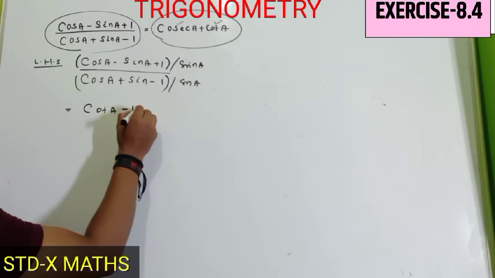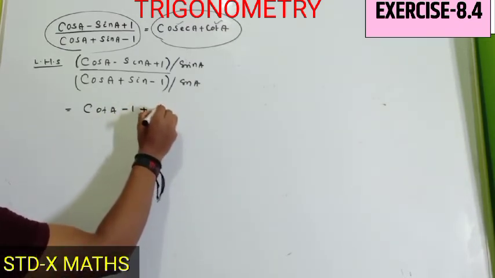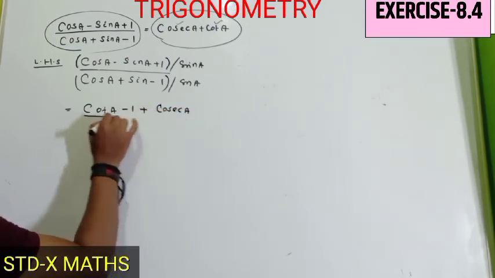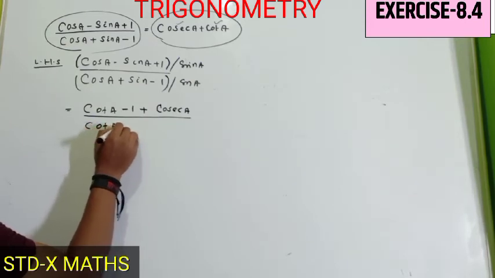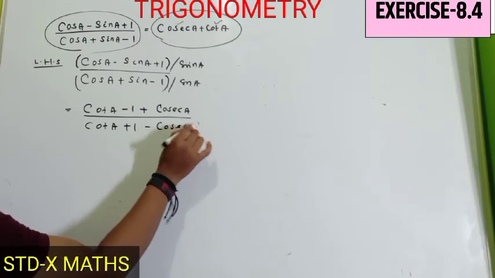The next one, plus 1, divided by sin A can be written as 1 by sin A, which becomes our cosec A. In the same way, the denominator can be written as cot A plus 1, minus cosec A.